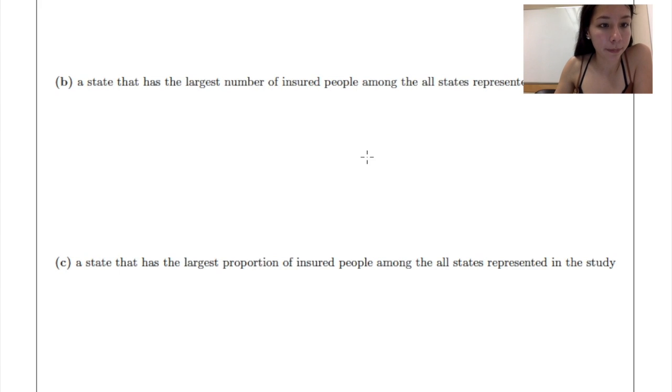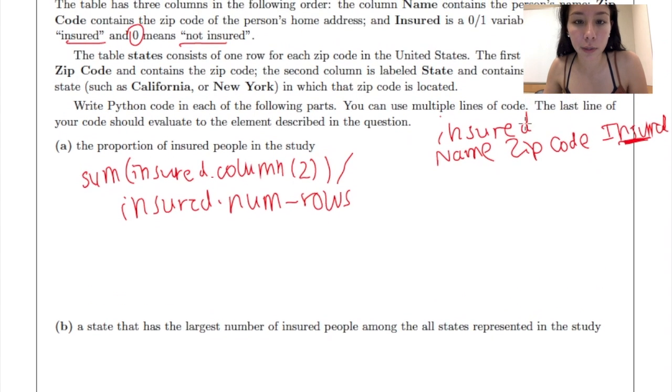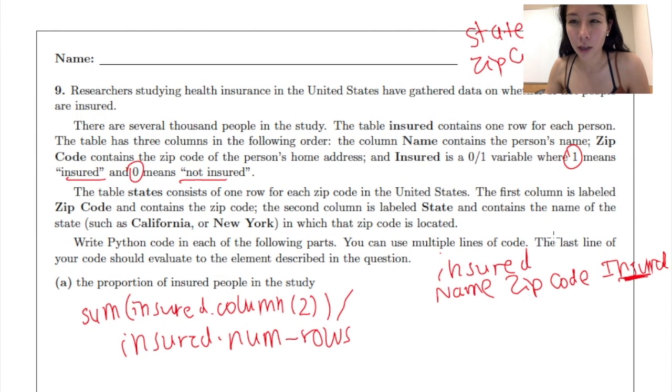Now we look at part B, which says we want to find the state that has the largest number of insured people among all the states represented in the study. So immediately we can see that insured doesn't even have the states in it. So we're going to want to be joining insured with states so that we can get the states for all the people in the insured table, because we already have the zip code, we just need to get the states.